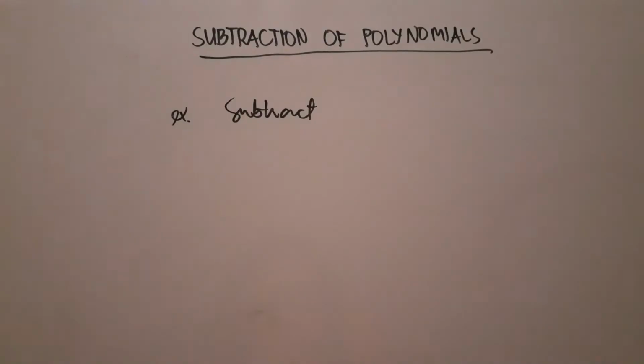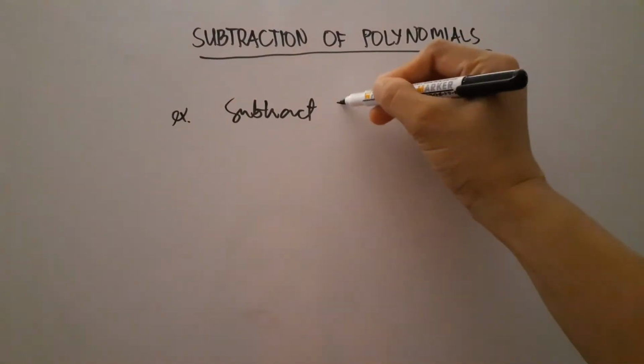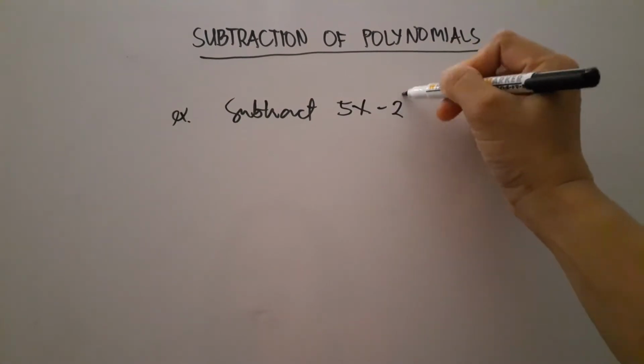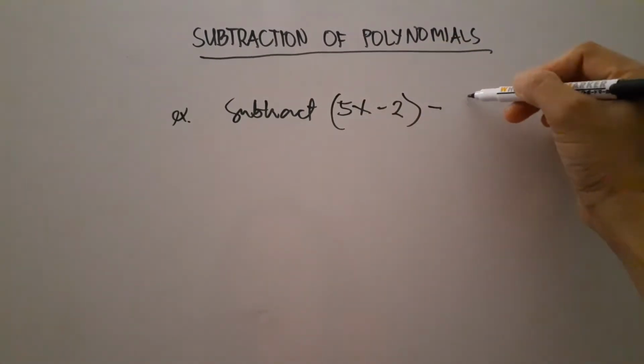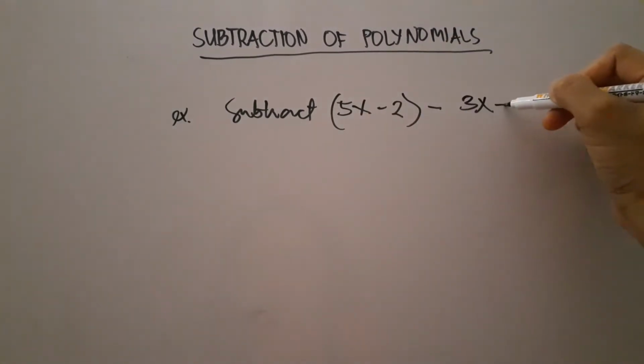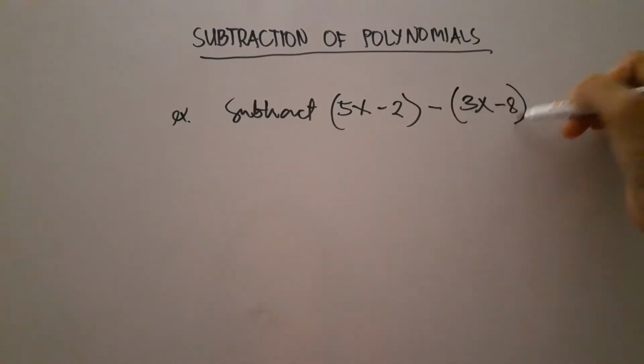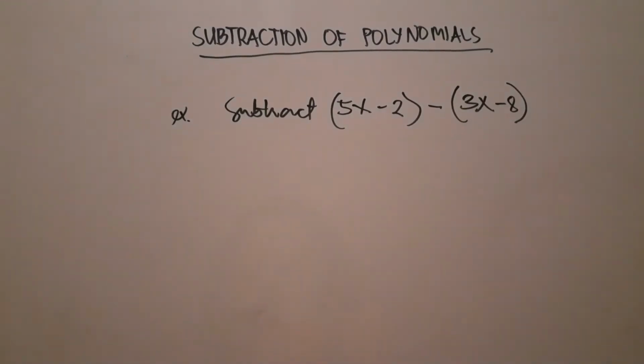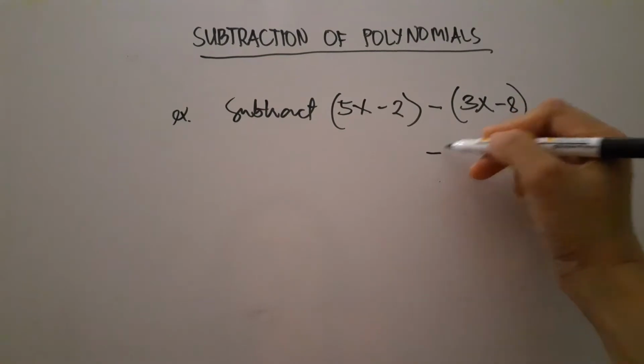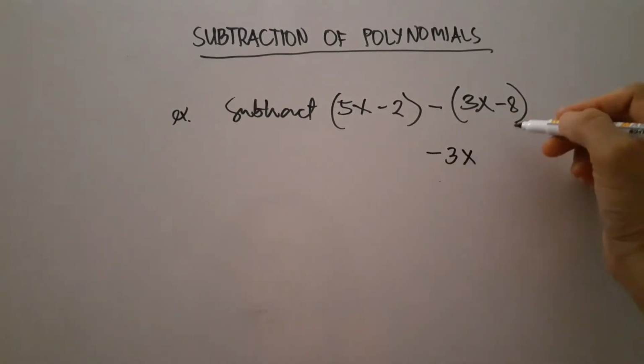When we subtract two polynomials, we change all the signs on the second polynomial and add the result to the first polynomial. For example, subtract the quantity 5x minus 2 minus 3x minus 8.